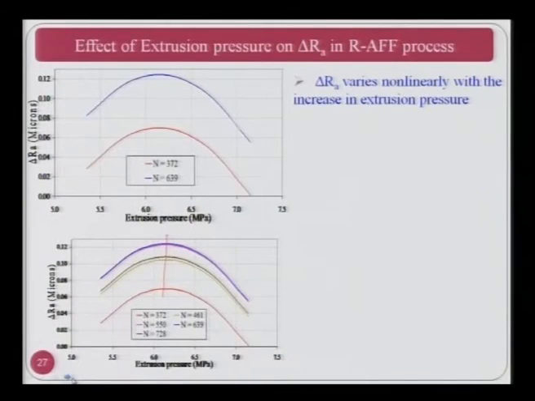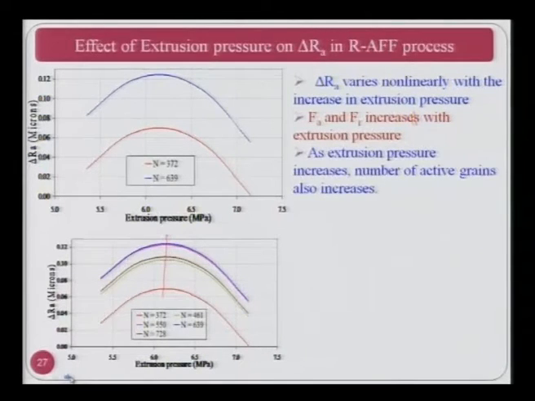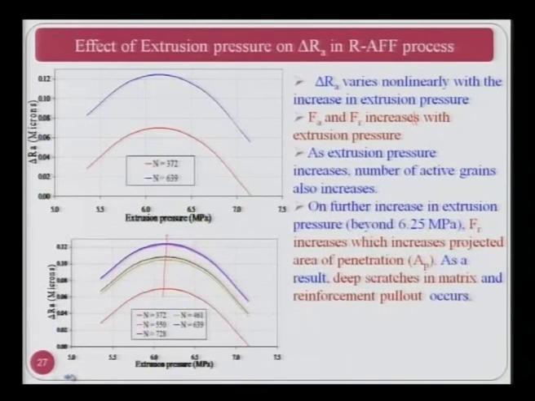Delta Ra varies non-linearly with the increase in extrusion pressure, as is clear from both the figures. FA and FR increase with extrusion pressure, and as extrusion pressure increases, the number of active grains also increases, and that simply means the finishing rate will also increase.